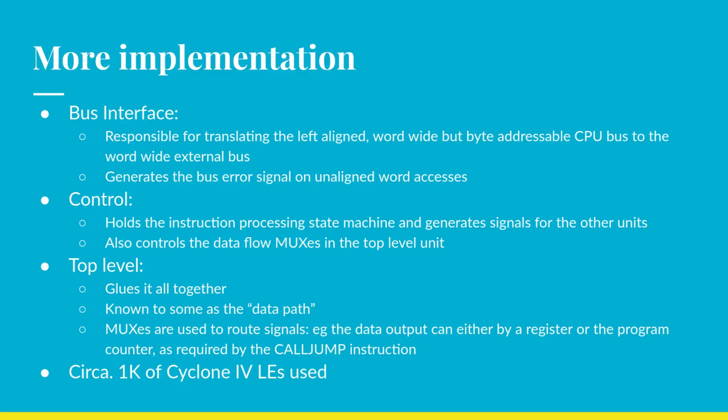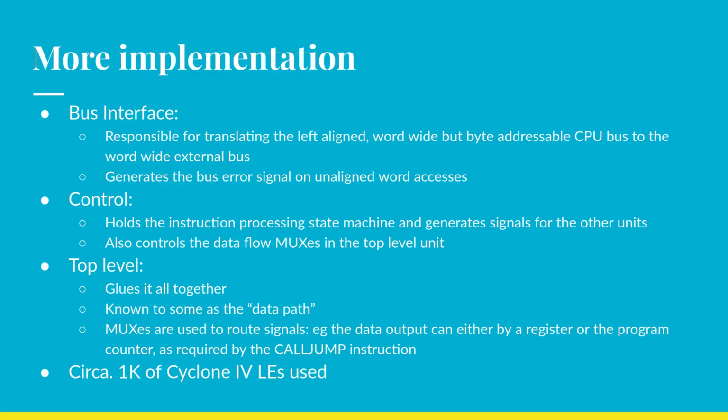You're doing a word transfer, and the low bit of the address is a 1. That's illegal, because to get a result from that transfer, you'd have to do 2 memory operations and then combine the result. But the processor doesn't do that.